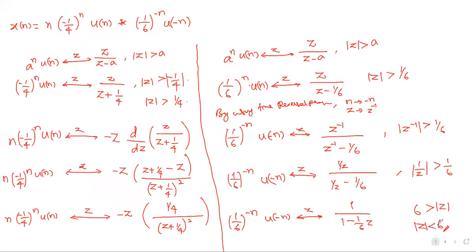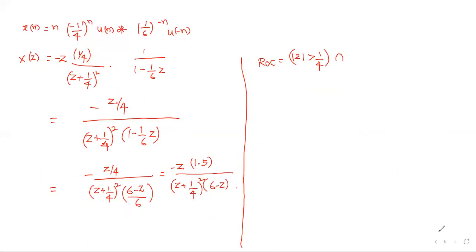What is the second ROC? Mod z is less than 6. That means the ROC will lie in between 1 by 4 less than mod z less than 6. In between these two circles it will exist.